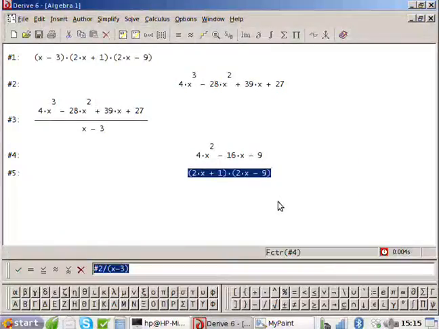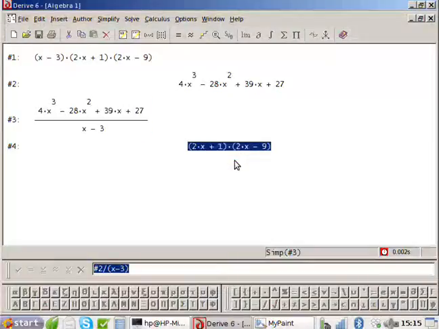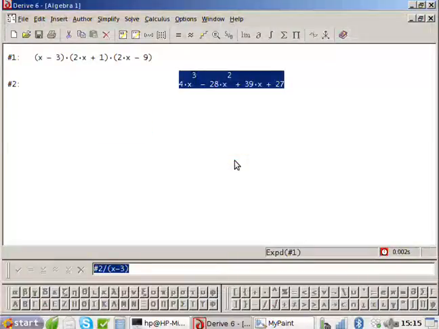Which they are. So my point is, if you want to solve this, I need to tell you one of the factors. So if I said x equals 3 is a root, then what's the factor? x minus 3.